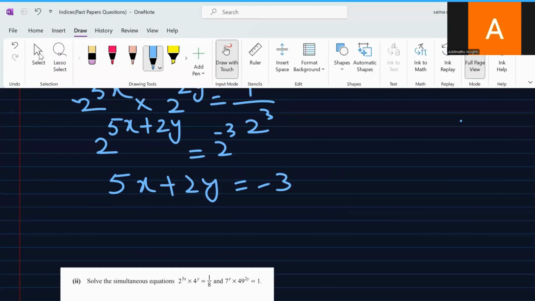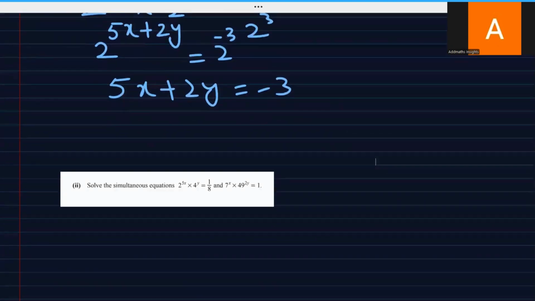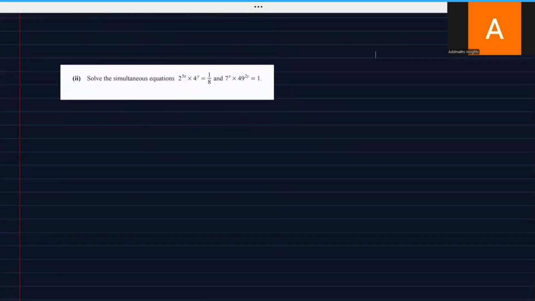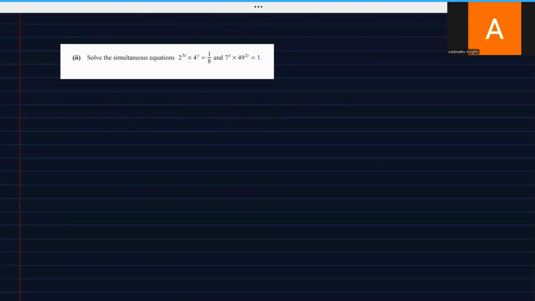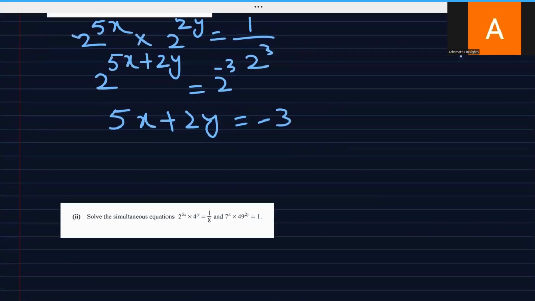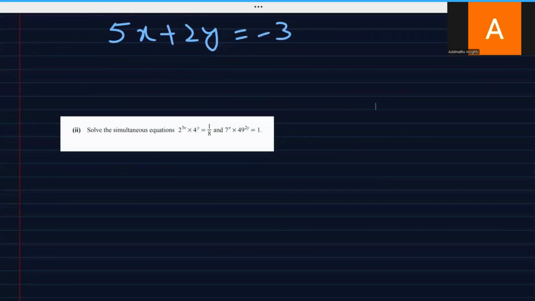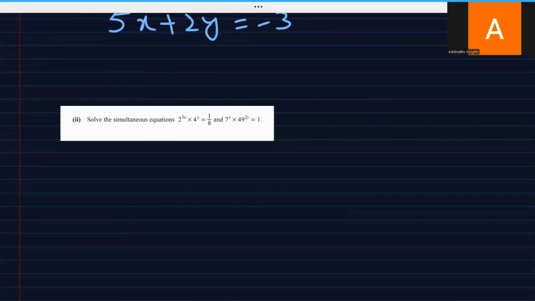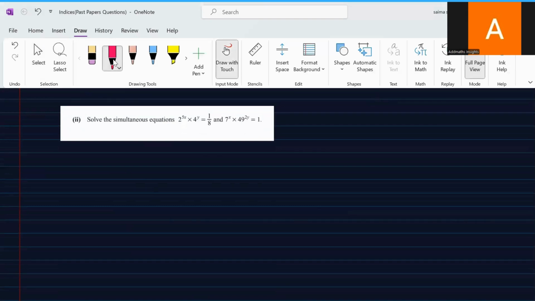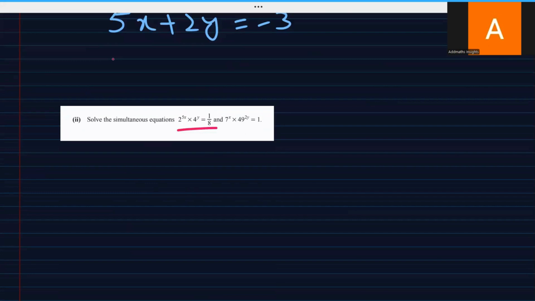So this is how you can show it. Now the second way, you have to solve the simultaneous equations. You know the answer of this part, which is 5x plus 2y is minus 3. Now we'll solve the other part.